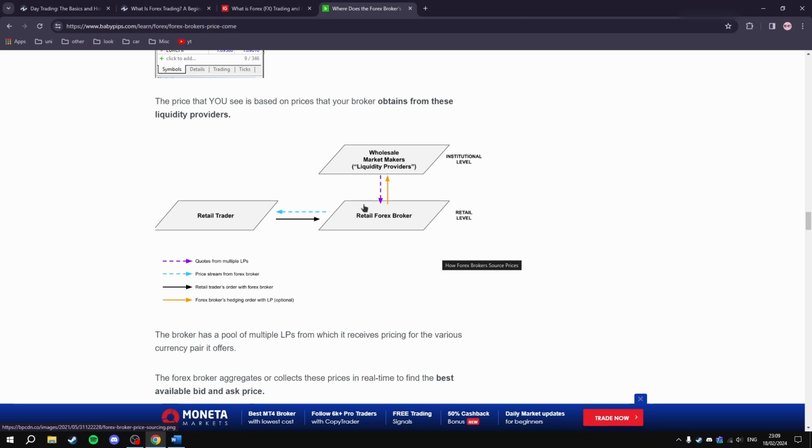So, I think the order goes the blue arrow, which is price stream from Forex broker, then the retail trader's order with the Forex broker. Oh no, at first it was the purple one, isn't it? Quotes from multiple liquidity providers, and then it can provide the price stream to the Forex broker, retail trader. The retail trader places the order, and then the Forex broker can either hedge the order with the liquidity provider, which is optional.